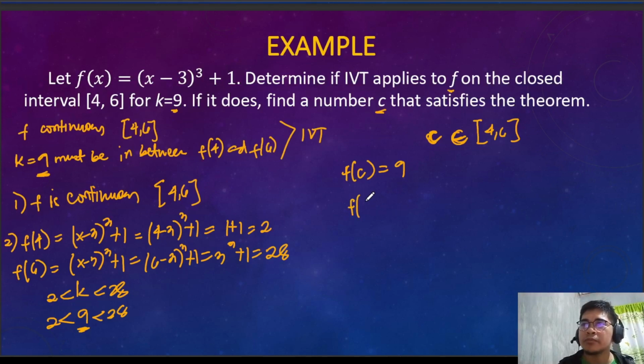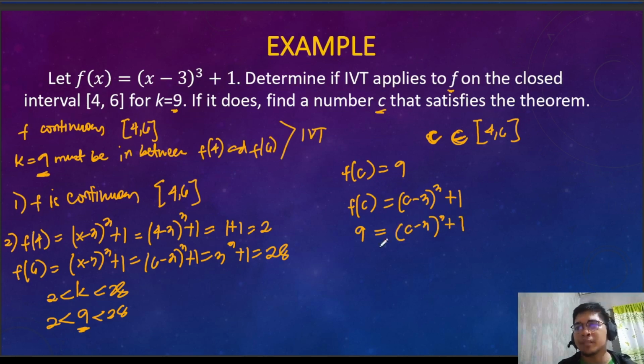From here, f of c is equal to the cube root of c minus 3 plus 1. And our f of c is 9. We need to find the value of c.